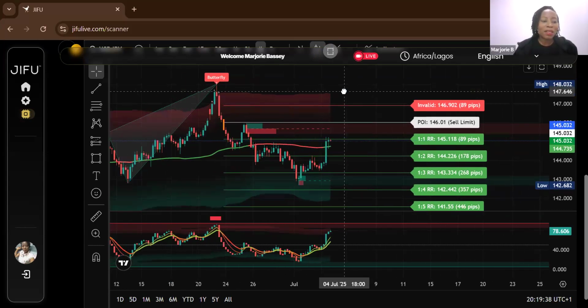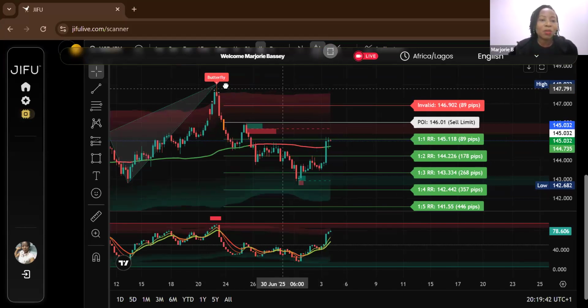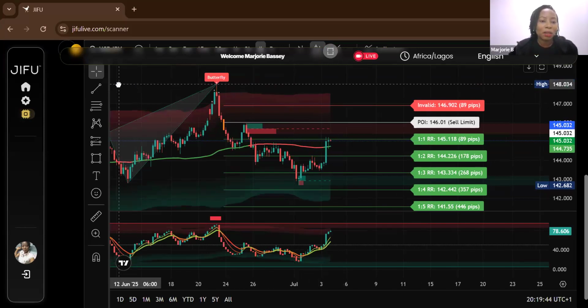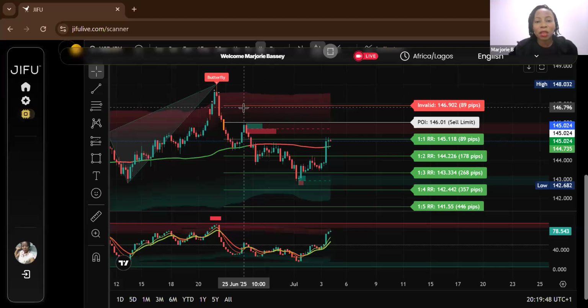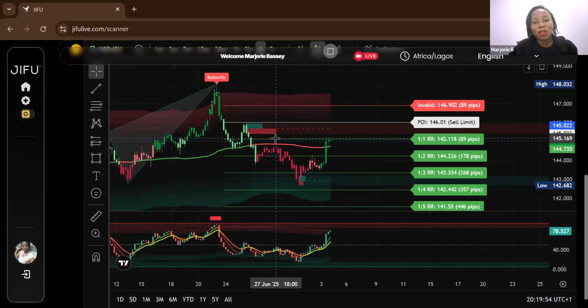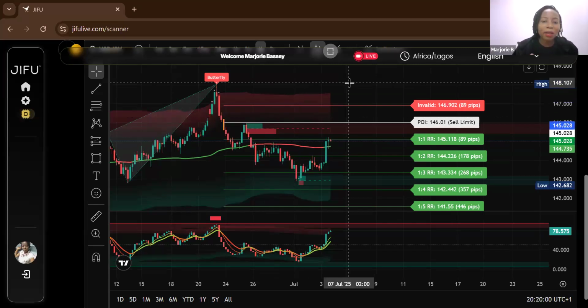Now, the buy side liquidity and the sell side liquidity are always found together. And this is a block, a red bar and a green bar. Now, the green bar is a buy side liquidity. The red bar is a sell side liquidity.